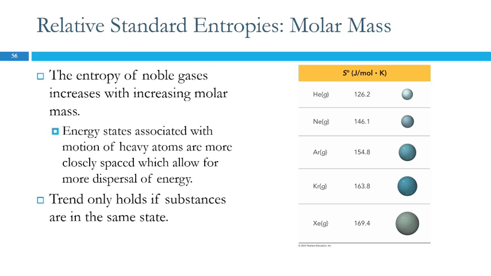So larger molar mass, higher entropy. Why, if you care? The energy states associated with the motion of heavy atoms are more closely spaced than those of lighter atoms, and so you have more possible ways for the energy to be dispersed. That's all we'll say about that.